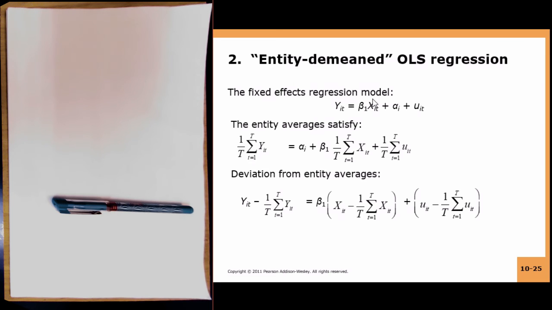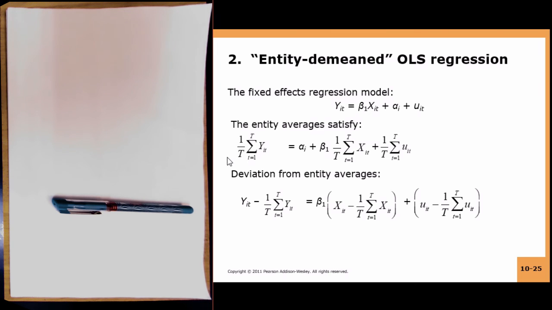In the fixed effects regression model, we said Y_it is equal to beta 1 X_it plus some entity level effect, denoted by alpha_i, plus u_it. Basically, when you sum up all the data points over time and divide by T, that is, you look at the average fatality rate and how it is related to the average beer tax over time, the equation will still hold, because all you are doing is arithmetic computations.